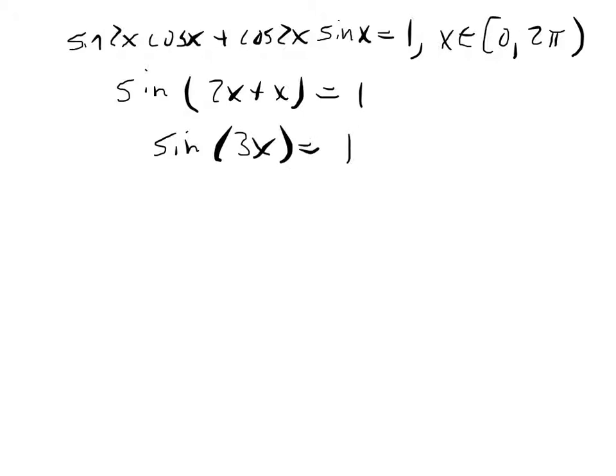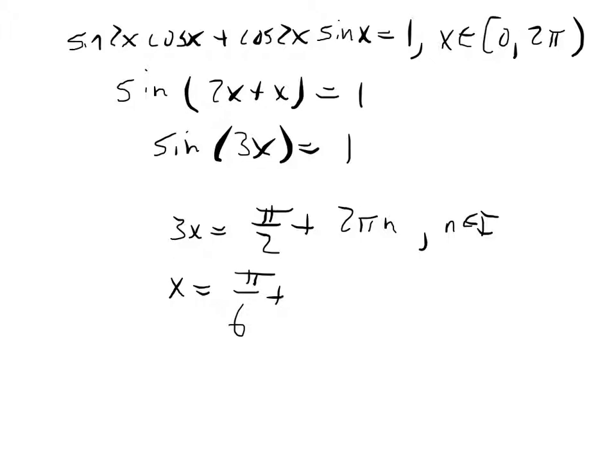I look at that for a minute and go, okay, the sine of some angle has to equal 1, and that we know is going to be at pi over 2. So that 3x has got to equal pi over 2 plus 2 pi n, where n is an integer. Now I want to solve for x, so if I divide each side by 3, I get x equals pi over 6 plus 2/3 pi n, where n is an integer.